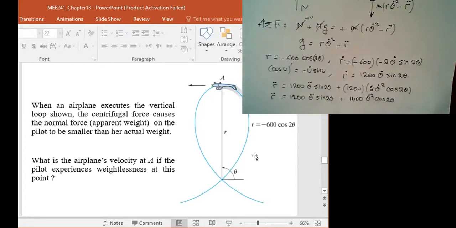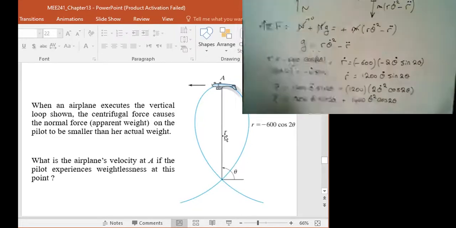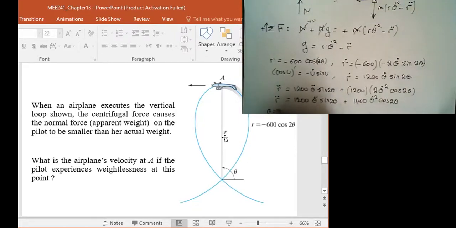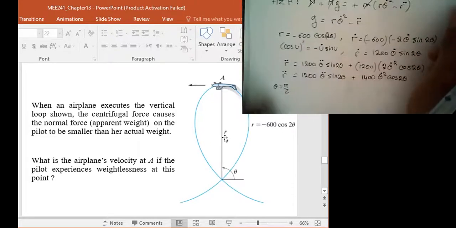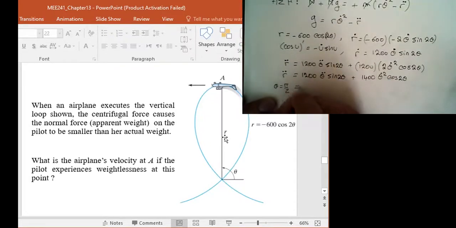Well, what else do we know about this? How can I find r double dot? I know r double dot is simply a function of theta and theta double dot. What is theta? I know theta is equal to 90 degrees in this case, so theta is equal to pi over 2. If theta is equal to pi over 2, then what is r double dot?